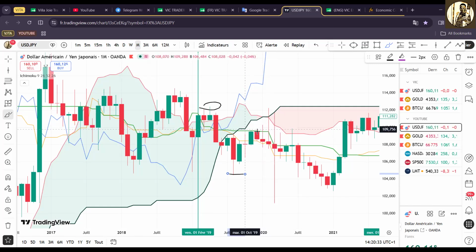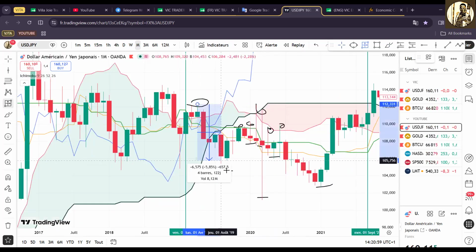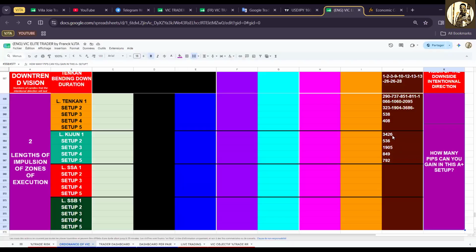Then the second touch from here to this bottom, the third touch from here to this bottom, the fifth touch from here to this bottom, and then touch number 6 to this bottom, 7 up until down here, right? So we're gonna compute it: the first one is 762.